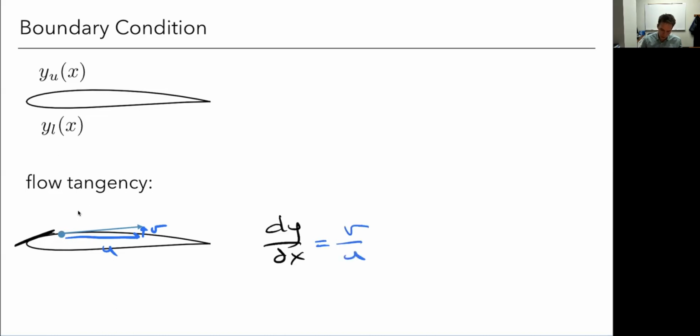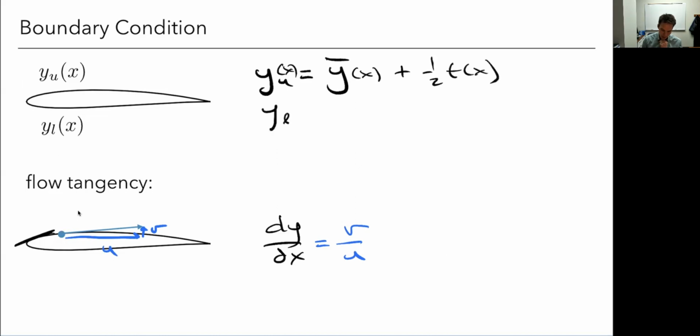Okay, and so this is y. If I write it in terms of my mean camber line and thickness, which will be convenient, I could say the upper surface is my mean line, and these are functions of x, plus half the thickness, just by definition, whereas the lower surface is my mean line minus half the thickness.